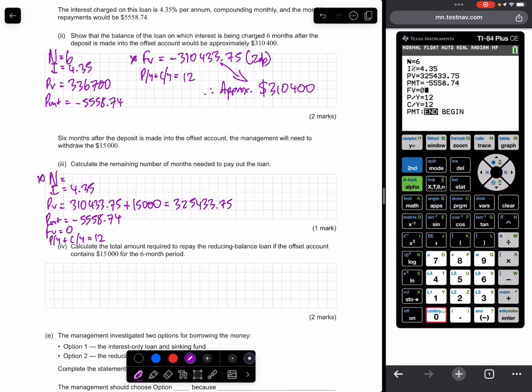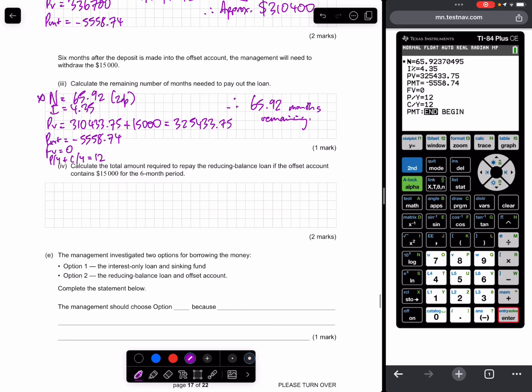Nothing at the end of the loan. How long is it going to take? Alpha, enter: 65.92 months to 2 decimal points. Therefore, remaining number of months, 65.92 months remaining.